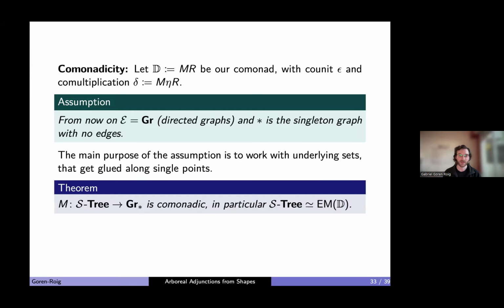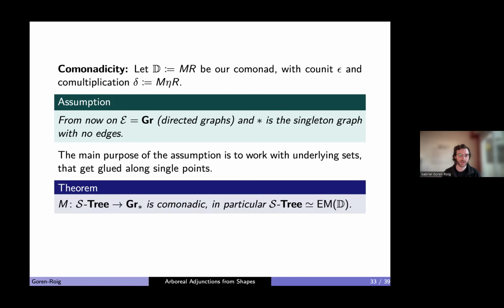And so the theorem is that if we choose our extensional category to be graphs, then this functor is comonadic. And in particular, S trees are the coalgebras. So here I omitted the assumptions, so I'll remind you what they are.